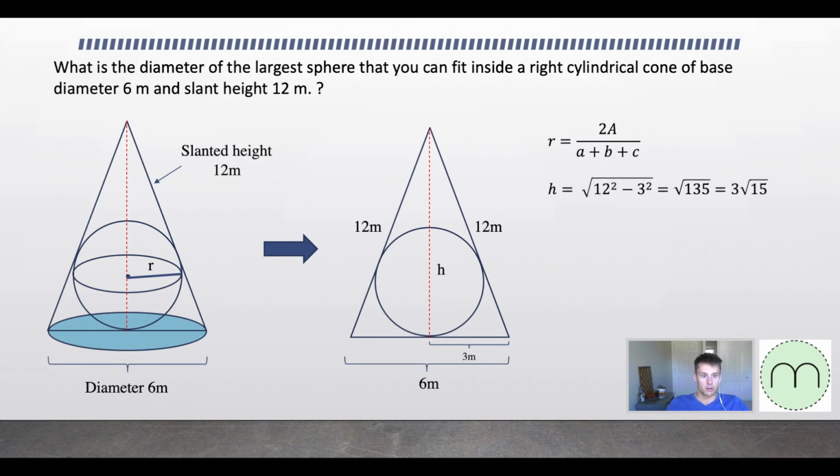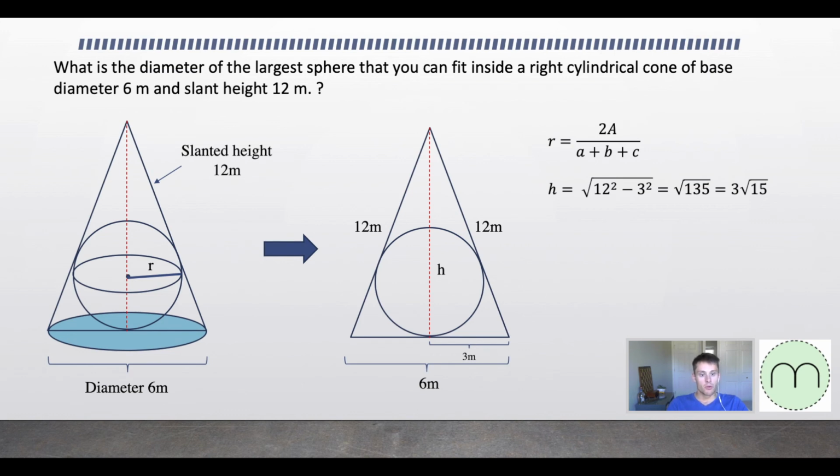And we can clearly write that the height h equals square root of 12 squared minus 3 squared, which equals square root of 135, which is 3 square roots of 15.